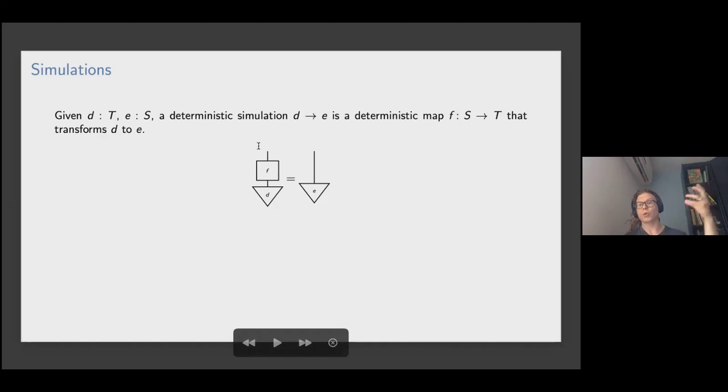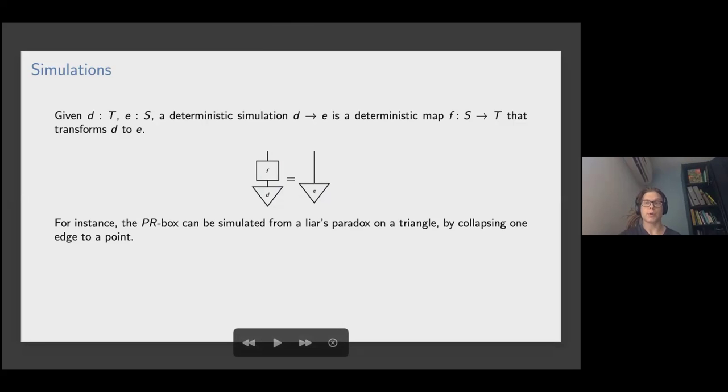So when we ask some question about T, then F tells us what question to ask about D. And then we get some answer in D, and then F transforms the answers back into answers of the correct type in E. And we'd say that this map F then is a deterministic simulation from D to E, precisely if when you do this transformation to D, you get exactly E out of it.